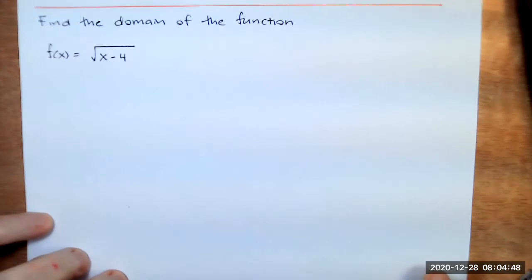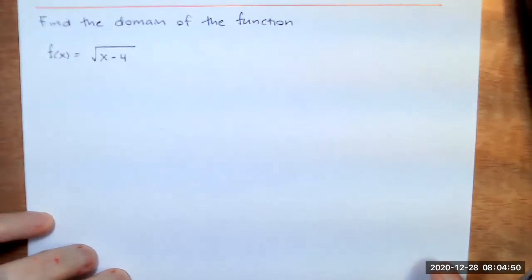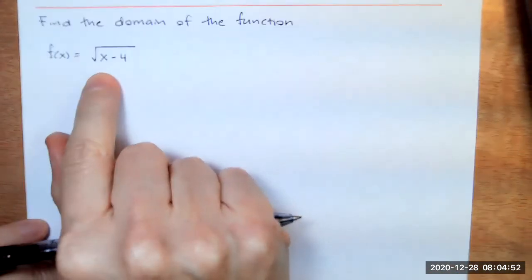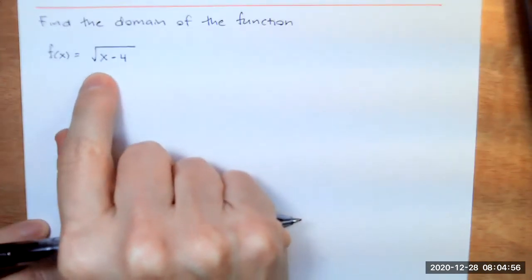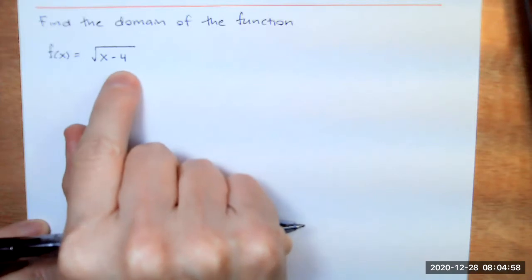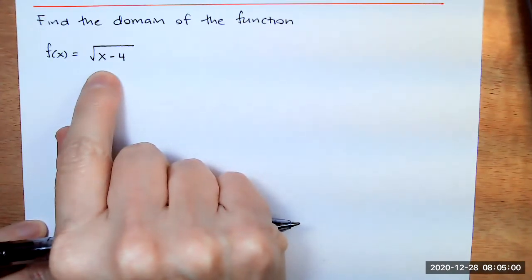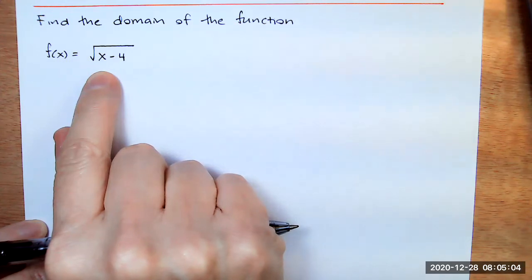All right, sometimes you need to find the domain of a function, and you just need to remember what restrictions there are on that type of function. For example, you can only take the square root of a positive number if you want a real answer.